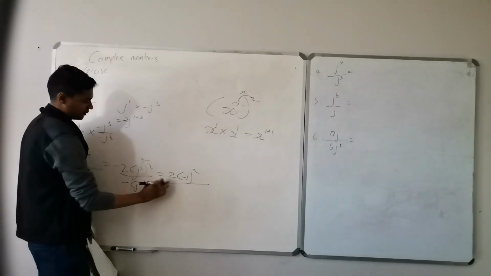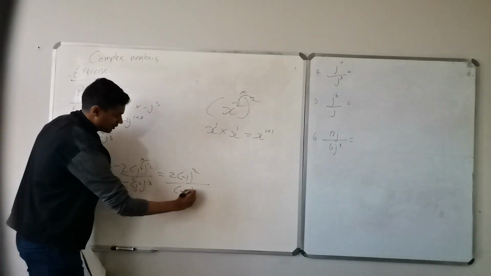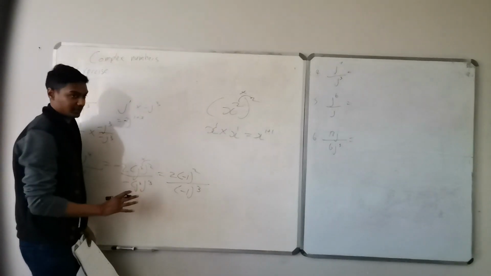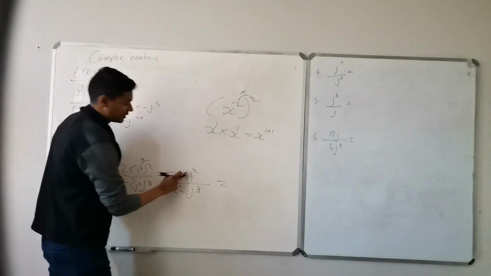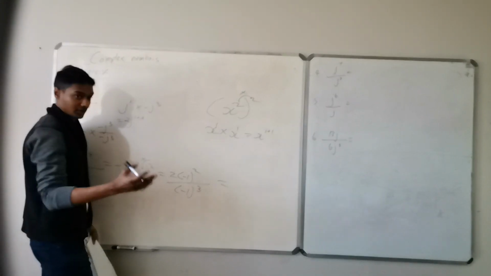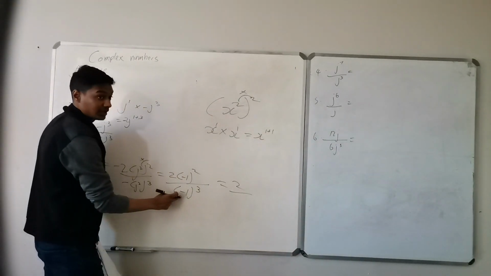So we took out the negative sign here. I'm happy with that, because j squared is negative 1. That's because it's to the power of 2, positive. This will be negative.